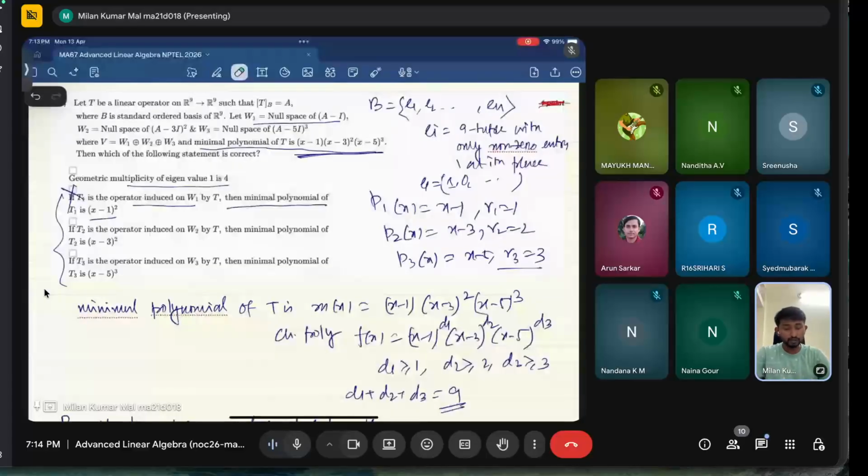Now let's come to the first option. Whether the first option is correct or not. It says that the geometric multiplicity of the eigenvalue 1 is 4. What is meant by geometric multiplicity?